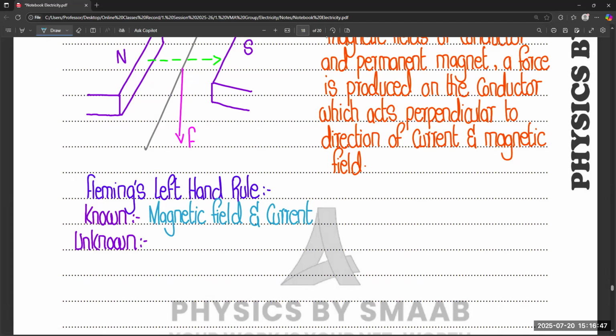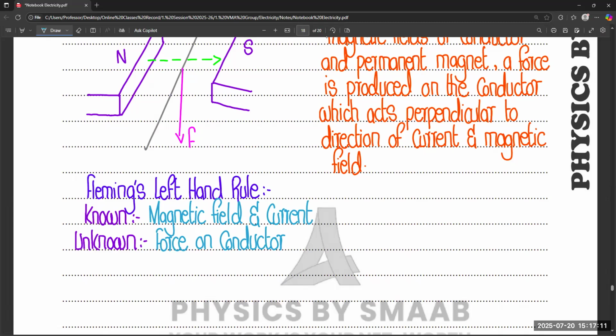So if you know about these things, then you can apply Fleming's left hand rule when the force on the conductor is unknown. So to find out this force on the conductor, we have to use Fleming's left hand rule, right?